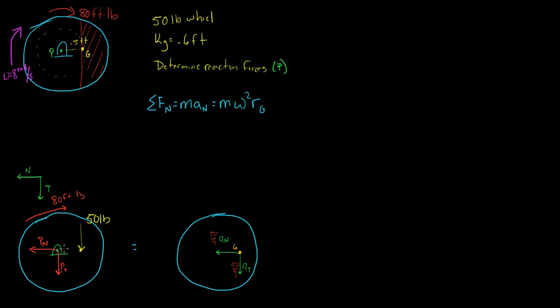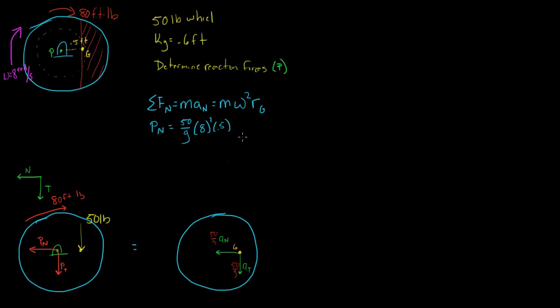So sum of my forces in my normal direction, I'm going to have this P sub n, which is equal to my mass, 50 over g, times my angular velocity, which is 8, squared, times the distance to my center of mass from the fixed axis, and this is going to be 0.5.